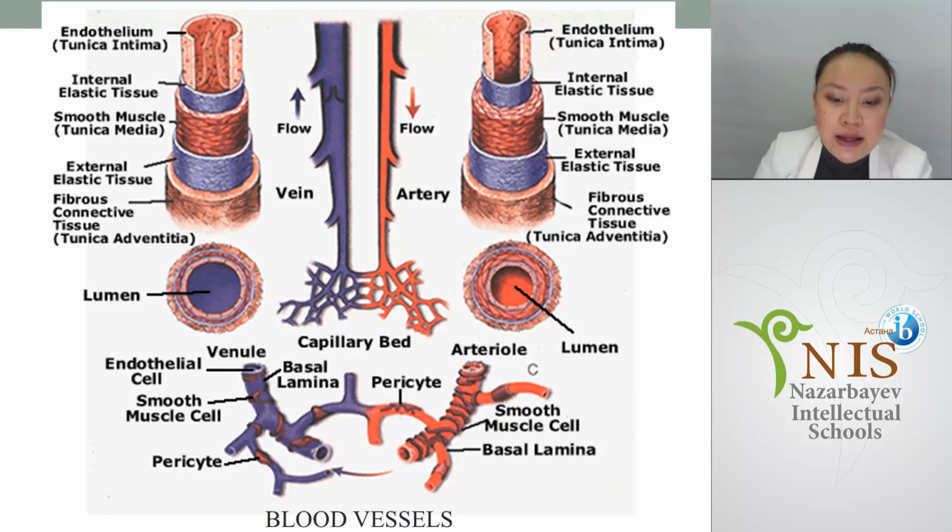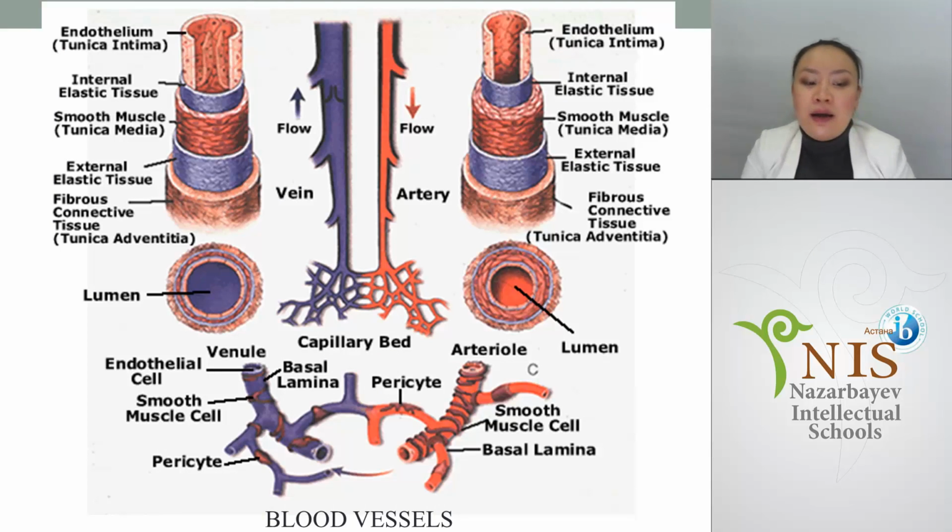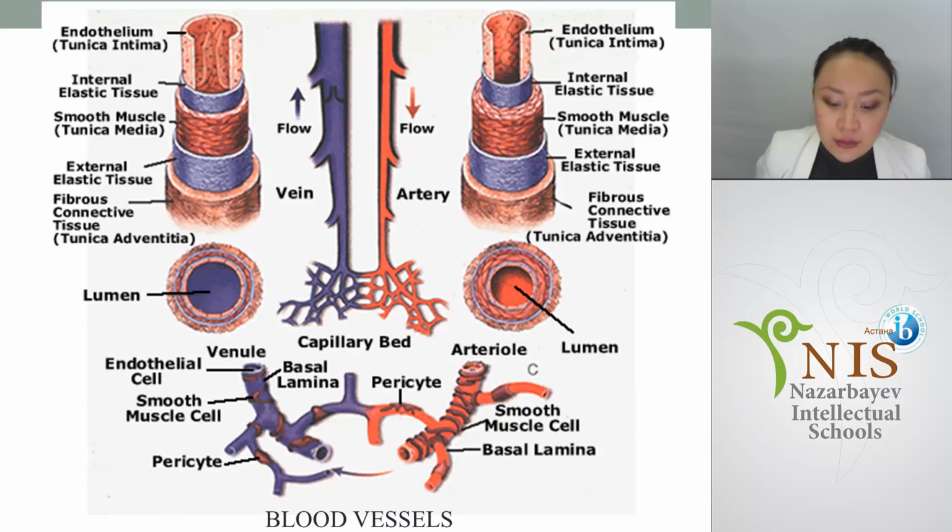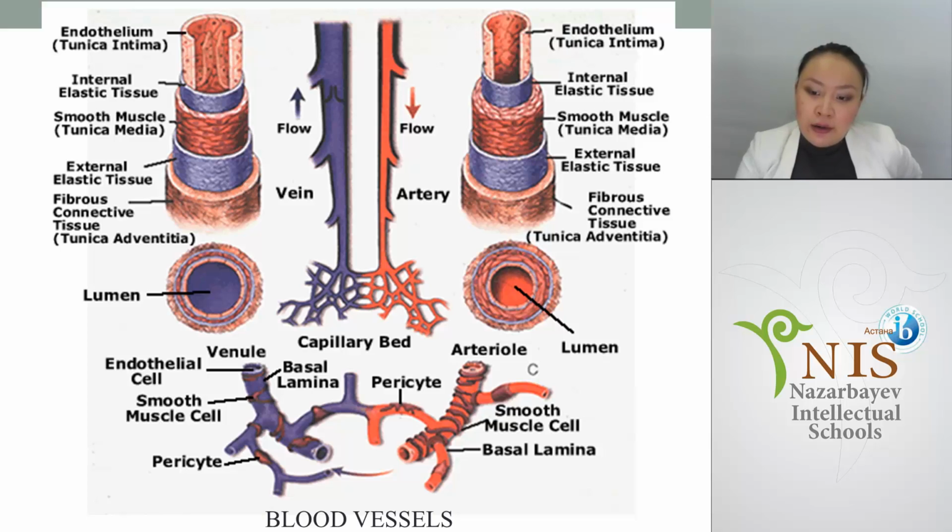In the picture, you could see in the left side and in the right side, you have 2 types of vessels. Arteriole are in red color, and venule in blue color.